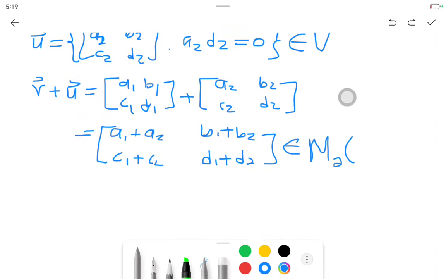But we see that indeed this is an element of M2R, so it's not important to say that since they didn't say it. So now the condition that we should check is that if I take A1 plus A2 and multiply with D1 plus D2, am I going to get 0?